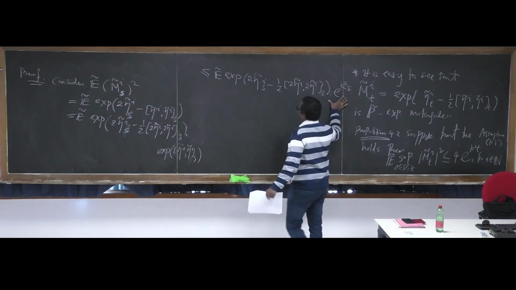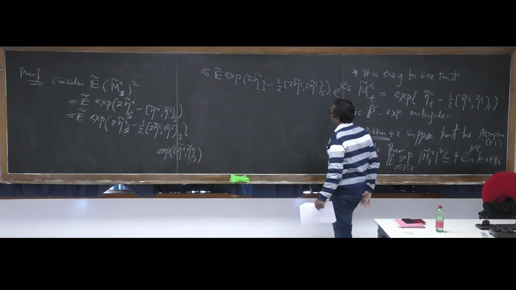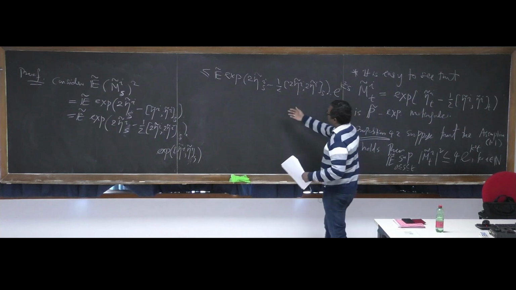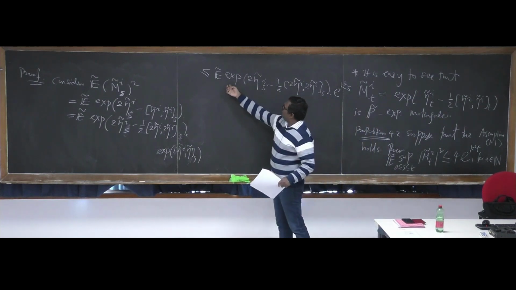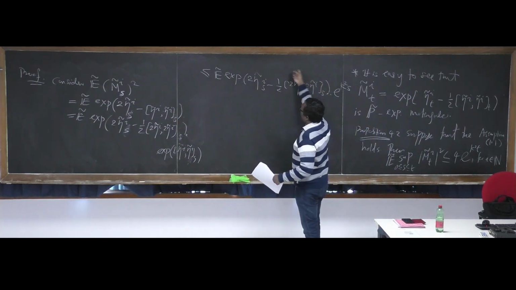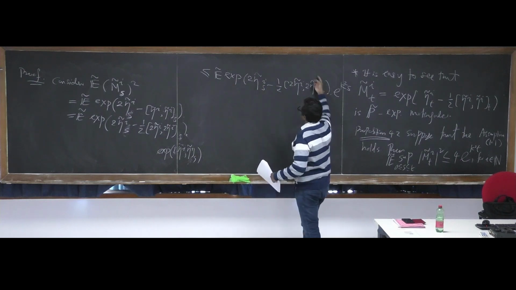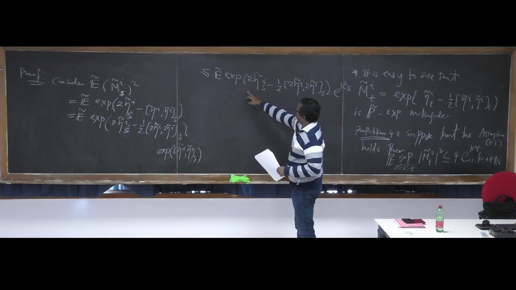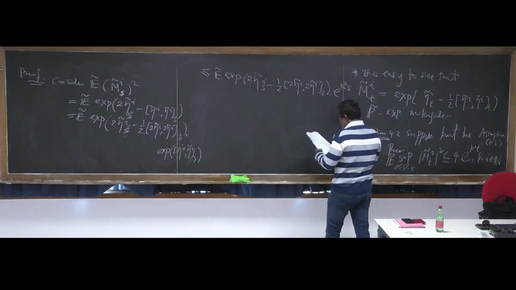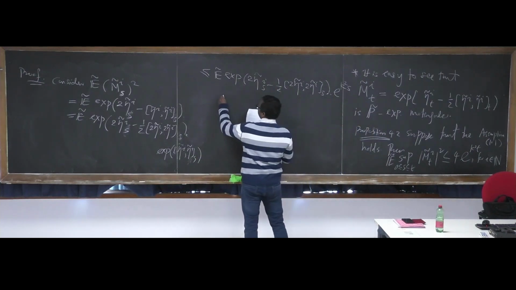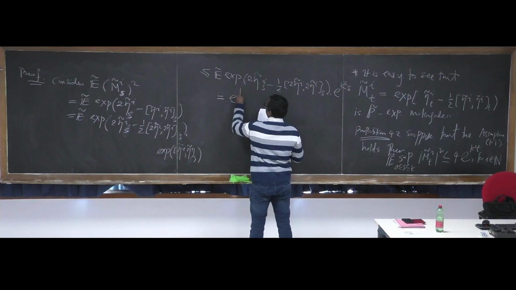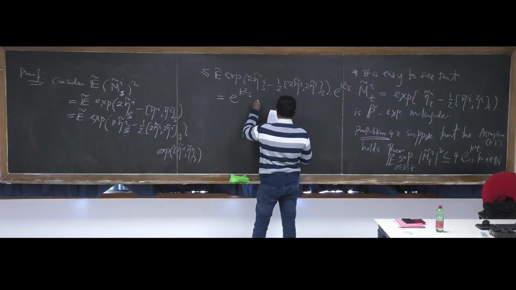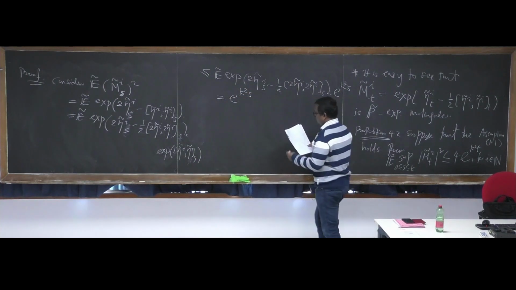Therefore you can bound like this way. And you can again observe that this is an exponential martingale. Therefore, the expectation of this one is 1. Therefore, this bound is exponential k squared s.